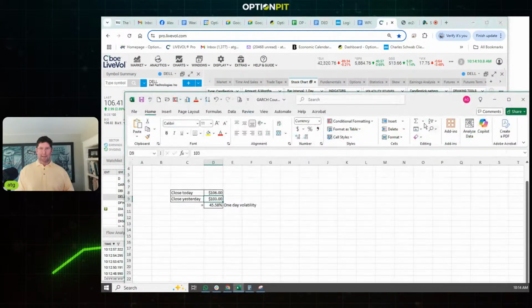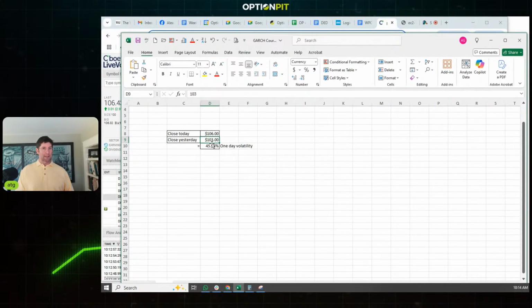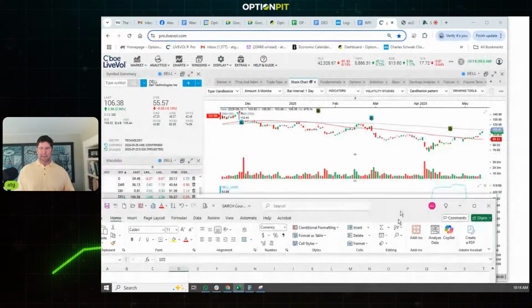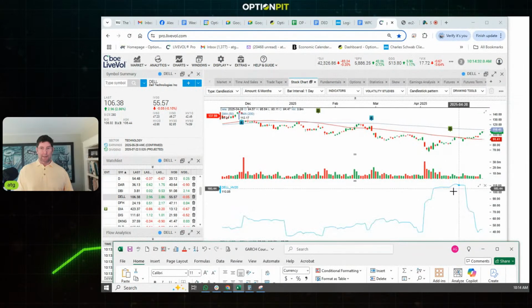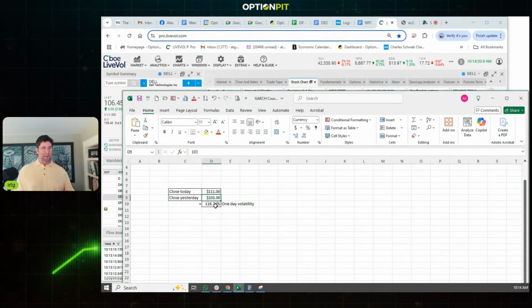So if I go back to this, I go, wow, 110%. How much is that moving? Like $8 a day. So let's try $8. Let's try 111. Okay, that's 118%. So when I see a volatility like this, 110%, this bad boy is moving. That's 118 volatility.